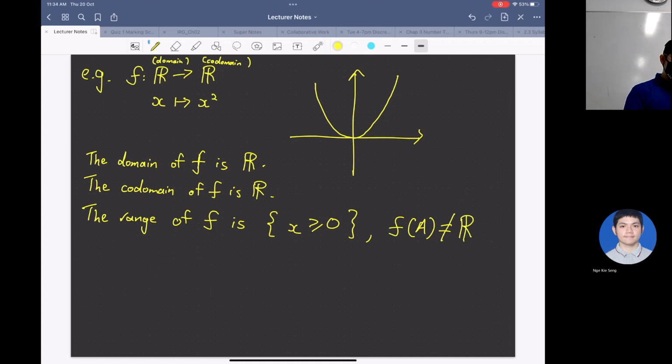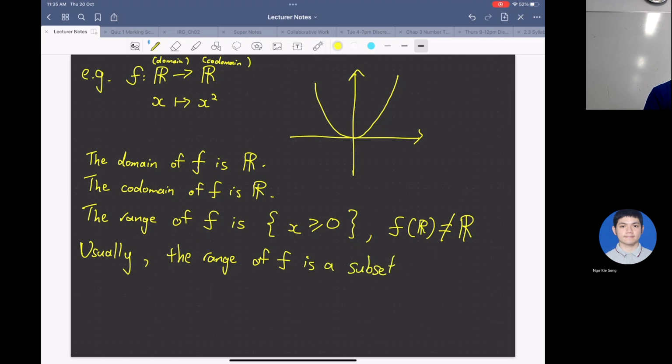So usually the range of F is a subset of the codomain.